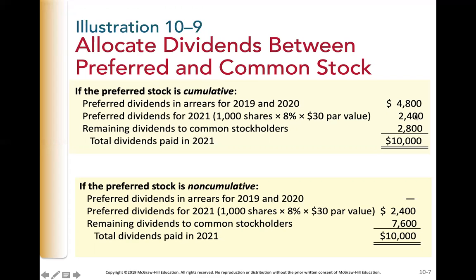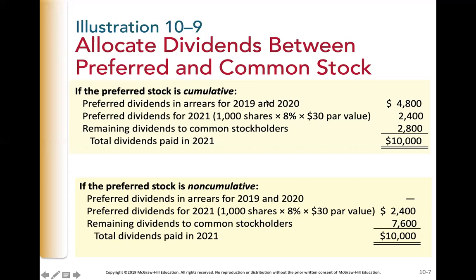And the calculation for how to figure preferred dividends is the number of shares outstanding times, in this example, 8%, times the par value. So we're going to pay them $2,400 a year for 3 years.